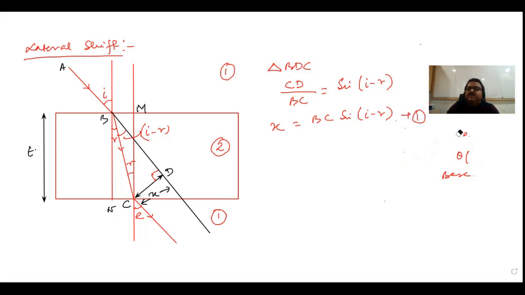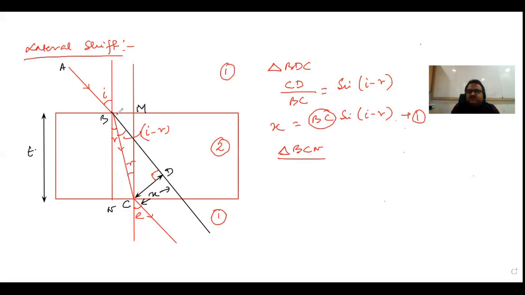Now I'm taking another triangle, correct? Look, choose this triangle BCN. Now in this triangle, what is the thing? BC is unknown to me and we need to find BC. Look, BC in this triangle is the hypotenuse. But in this case, T is known to us, correct? That is the thickness of the glass slab.